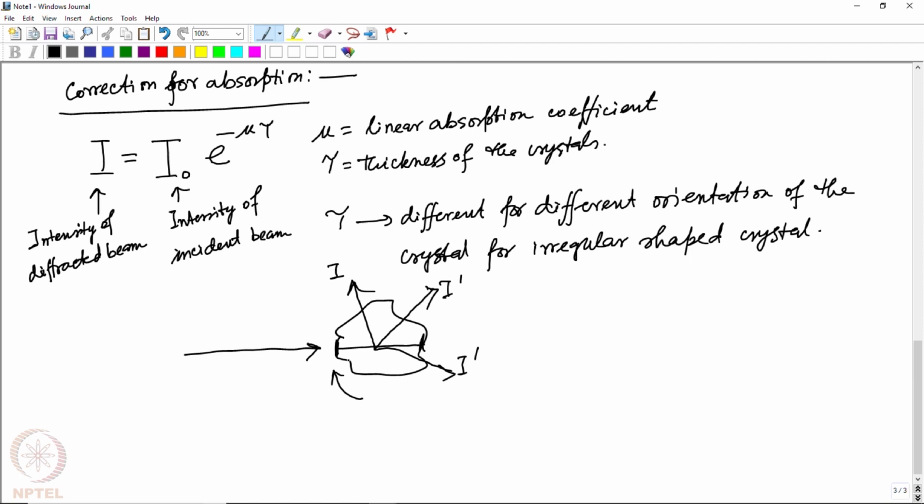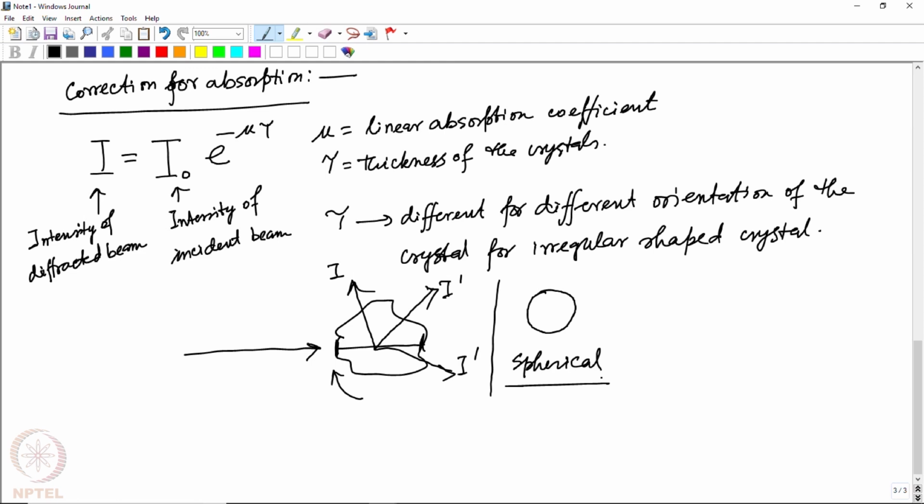So to reduce this, what one should do is to choose a crystal of some regular shape, ideally spherical. If a crystal can be ground to a spherical shape, that is the best crystal for any X-ray diffraction experiment, where the absorption effect is minimized in all directions and we don't need to do any correction for absorption.